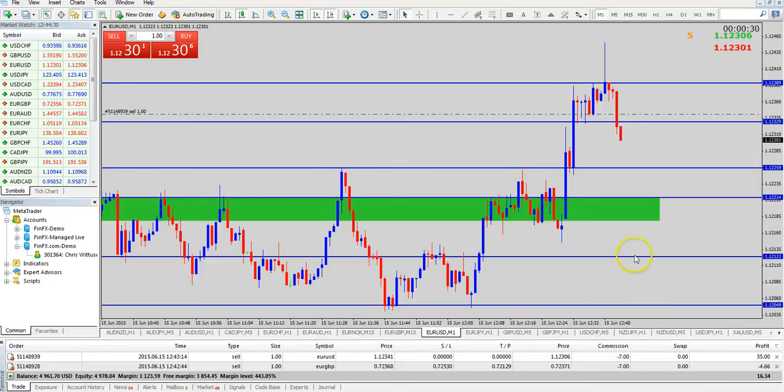Getting closer. The other trade that we set with a stop loss and everything is starting to work its way down, so that's good. 17 seconds left.